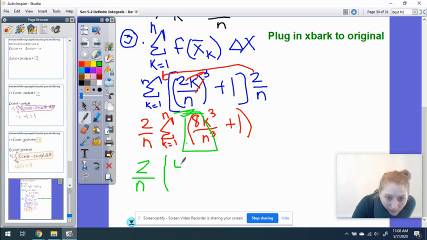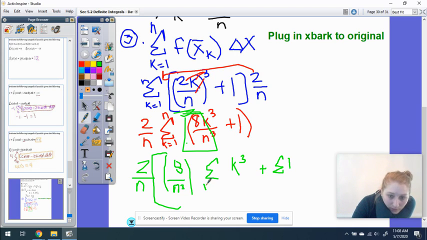And then I'm going to have 8 over n cubed, and I'm going to have my k cubed. So summation k cubed plus summation 1, still starting with k equals 1, going to n.